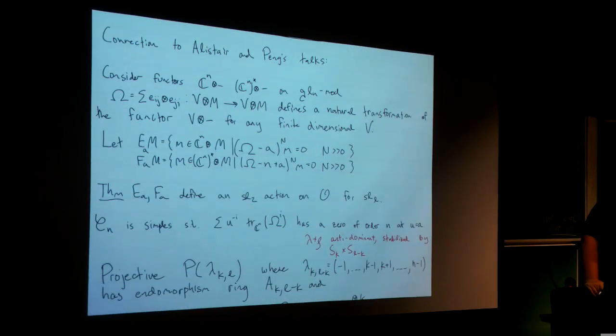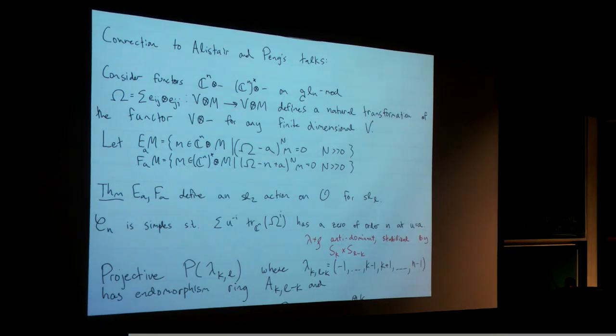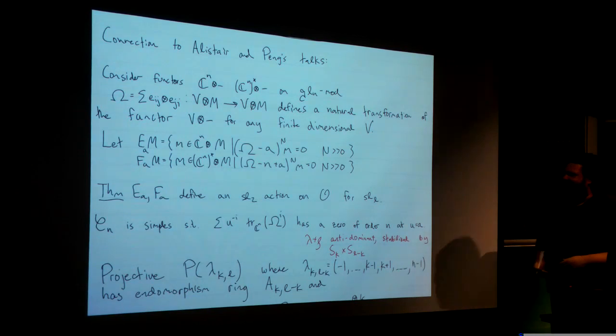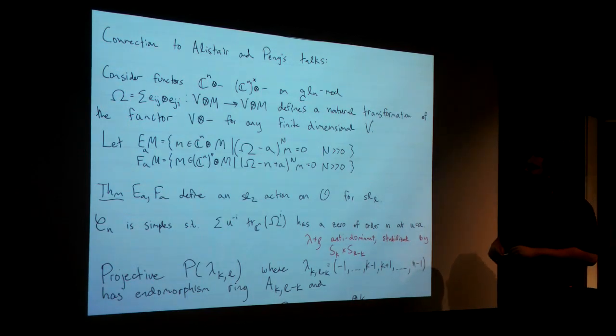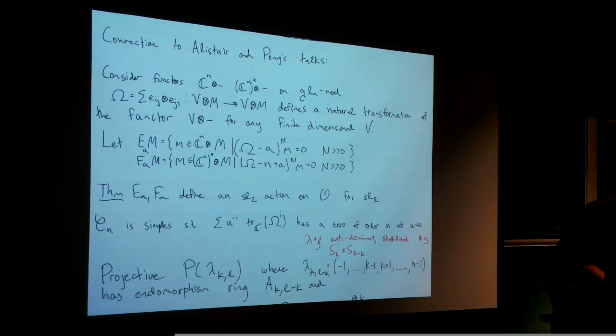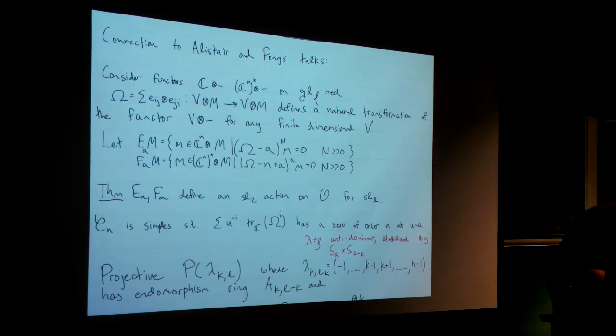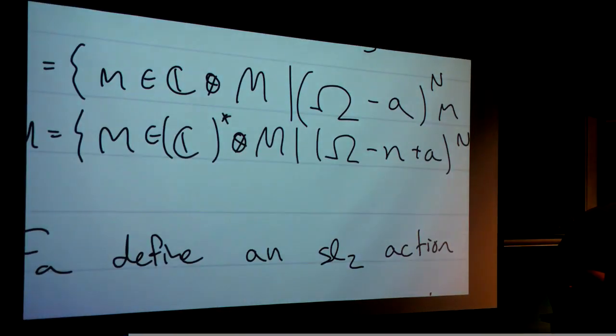All right. I realize I should probably mention, you should feel like there's a lot of things happening here that sound like things that we've been hearing about. There must be some connection here, and I want to do my best to describe that connection. So I can look at modules over gl_n. Sorry, of course my indices are wrong. And I can tensor, oh no, there are so many n's that are wrong here. I can tensor with the natural representation and its dual, which of course also connects to Alistair's talk.